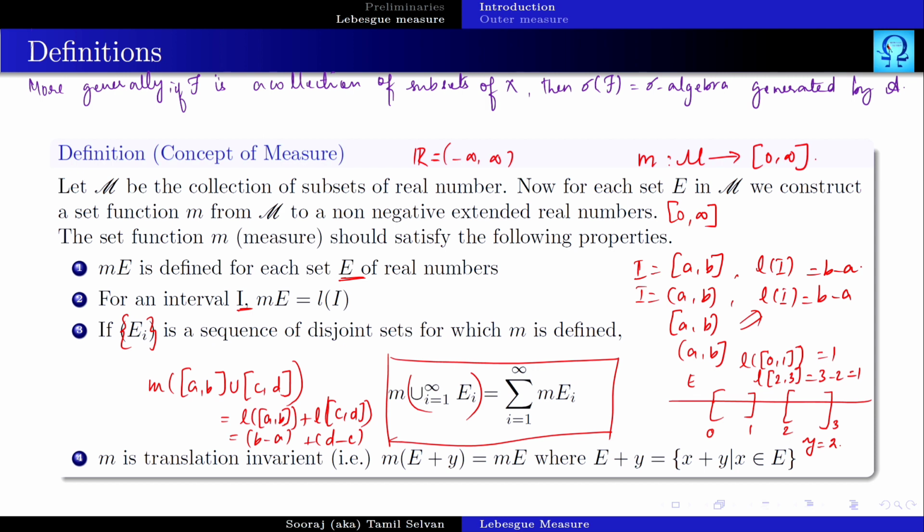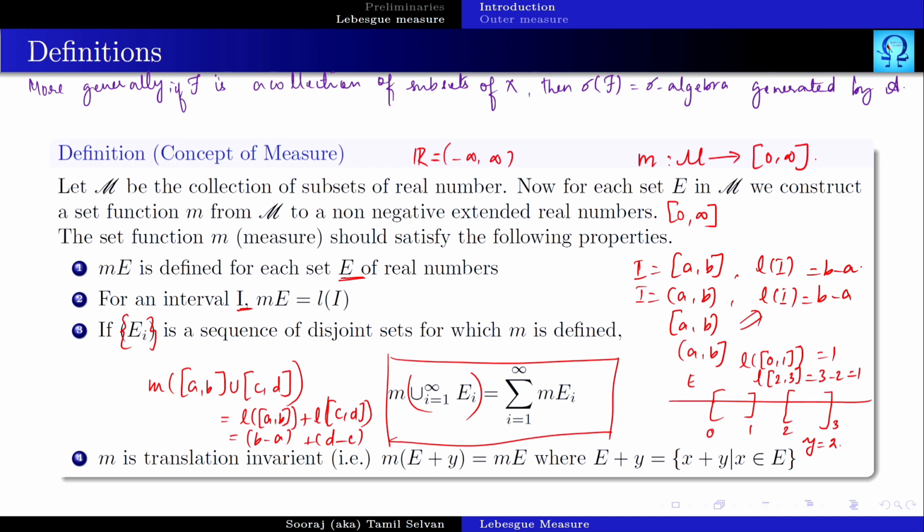When you move to the two-dimensional setup, the closed intervals are extended to closed rectangles. There the measure means the area. When you move to the three-dimensional setup, you will have something called a cuboid, and there we have the concept of volume.